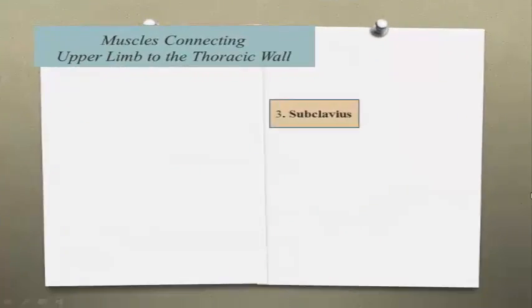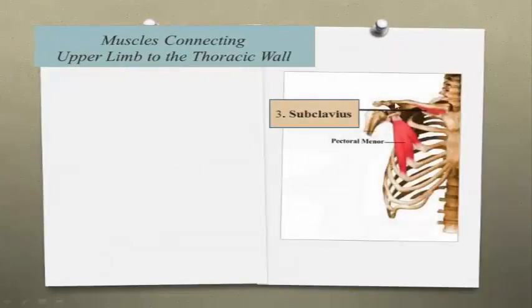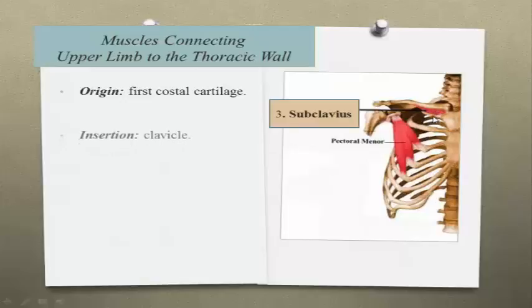One tiny muscle called Subclavius is located between the first rib and the clavicle. If you remember our last lecture, we had a costoclavicular ligament here, so this muscle just overlaps that ligament, and it arises from the first costal cartilage here below and inserts to the middle third of the clavicle.